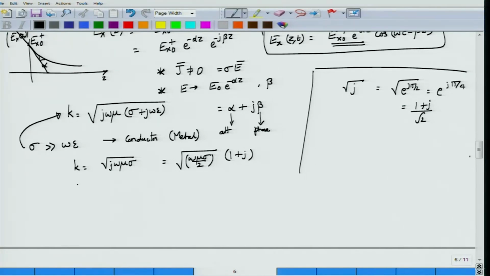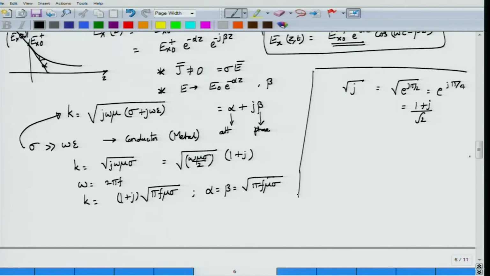But I also know that omega is equal to 2 pi f, therefore I can write this k as 1 plus j into the square root of pi f mu sigma. So clearly in this case what we have is alpha being equal to beta, both given by the square root of pi f mu sigma.